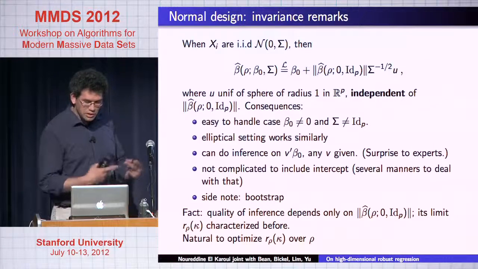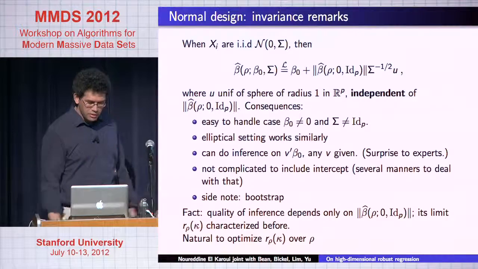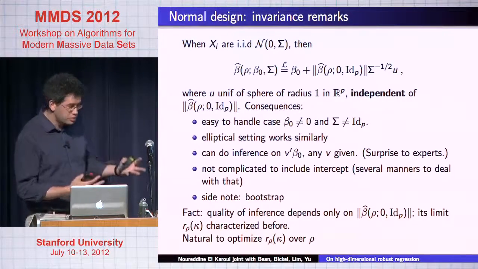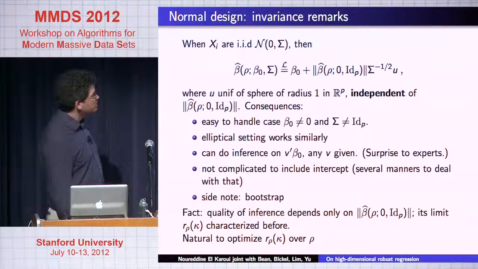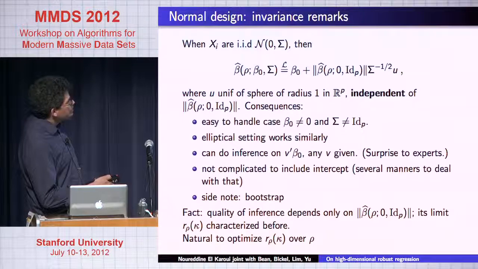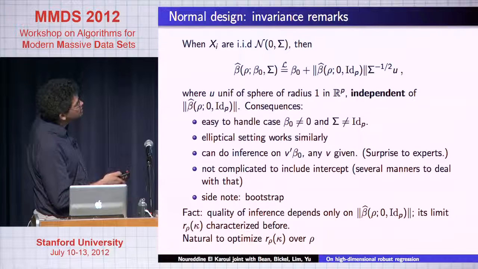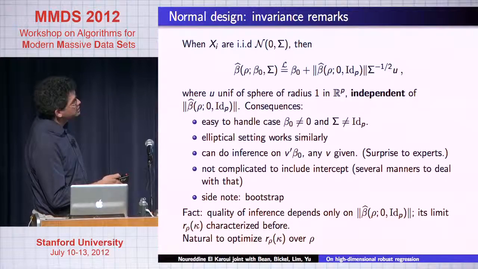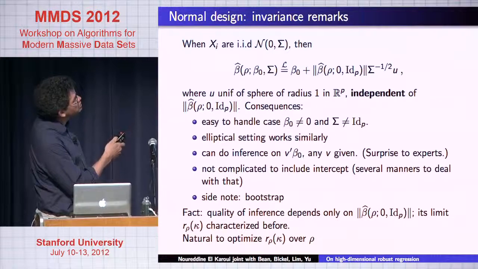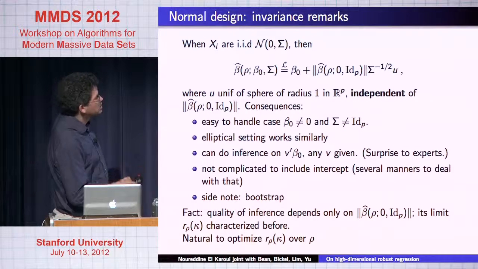So this is the setting where you bootstrap both the predictors and the responses, and essentially you're doing weighted regression there, and that's why you're changing the structure of the problem significantly. But what I want to say is that the quality of the inference you see depends only, essentially, on beta hat for rho, 0, identity. Because that comes out, when I multiply everything by v transpose beta hat, this is the only thing that depends on rho that's left.